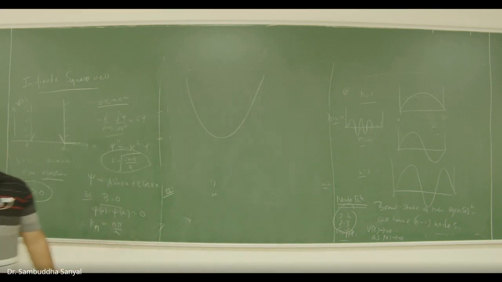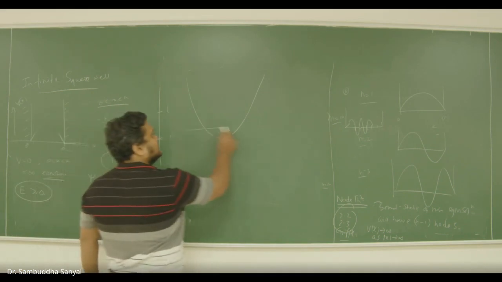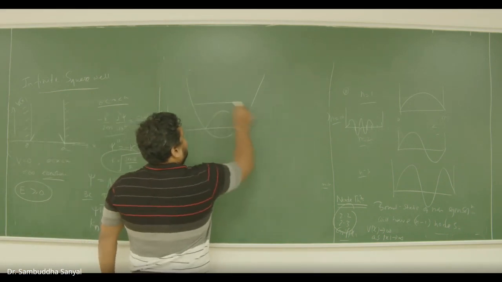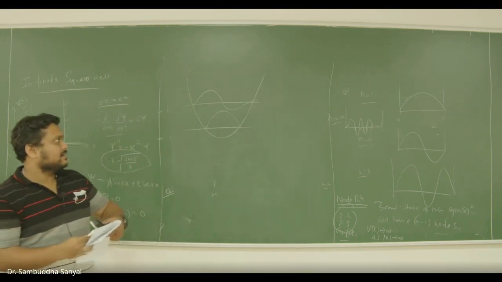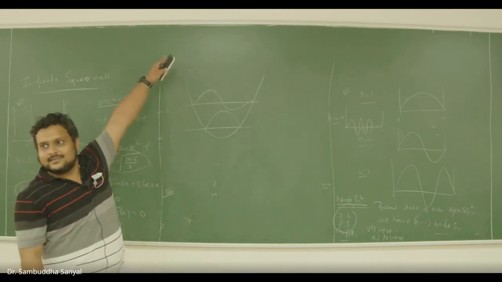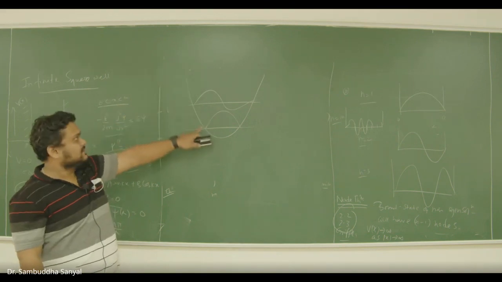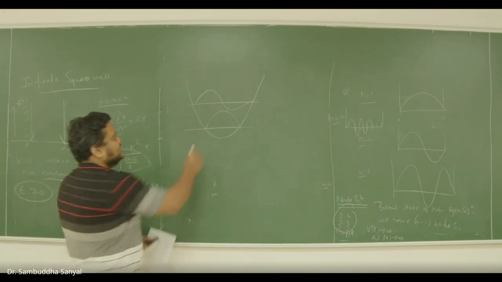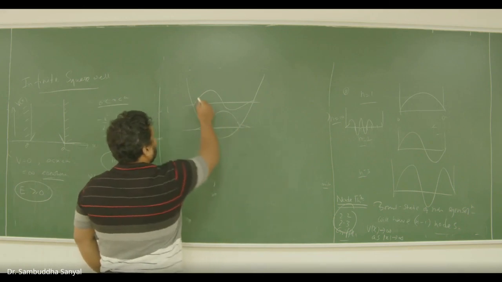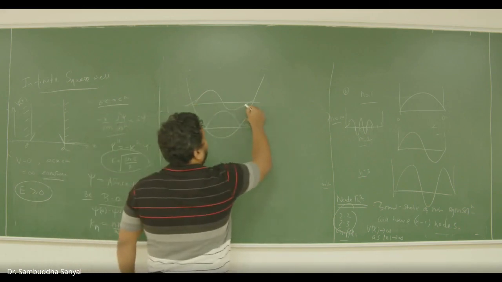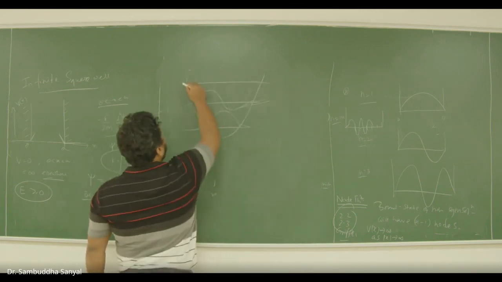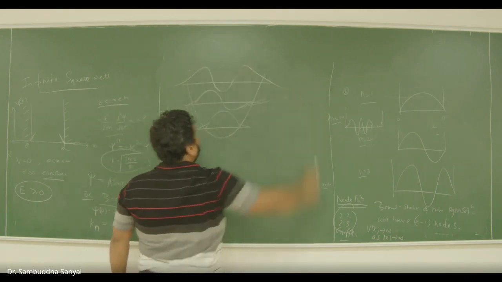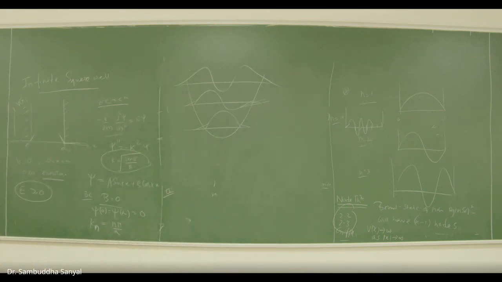Did any of you study harmonic oscillator in a previous semester? Yes. Oh, so you know already. So you know the solution is like this. But one more thing will happen here. Since this is not going to infinity, like the particle in a box, this is still finite, right? So this will leak a little bit here. This will leak a little bit. This is not zero. So you can sketch the solutions of this problem.